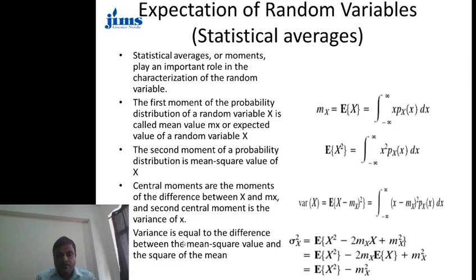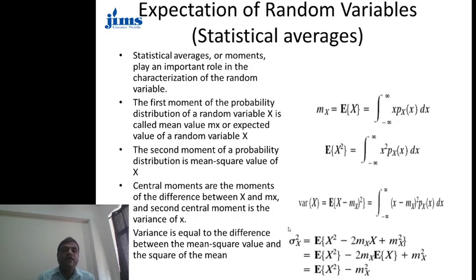Similarly, this variance is equal to the difference between the mean square value and the square of the mean. So it is represented by this formula, equal to the mean square value minus the square of the mean.